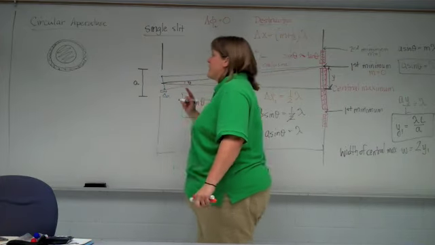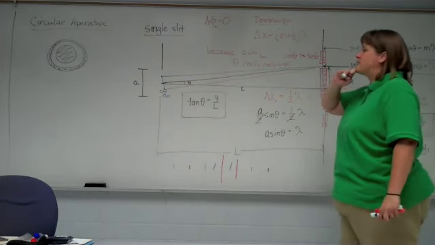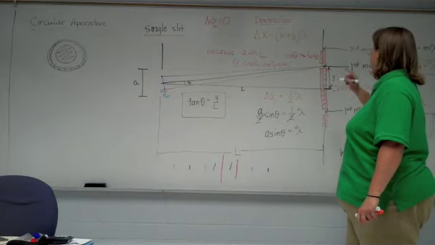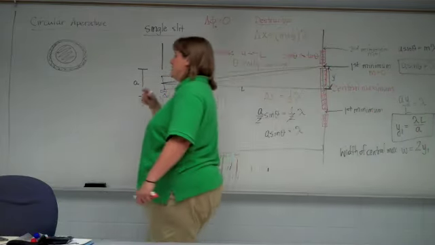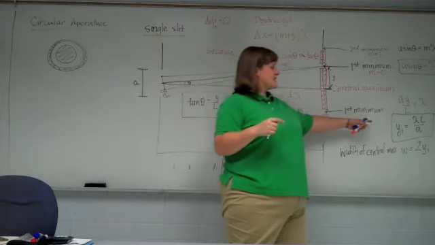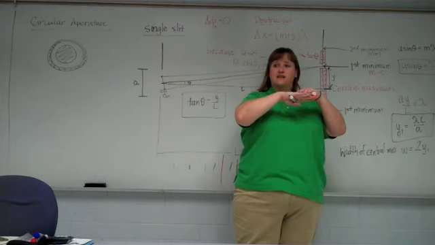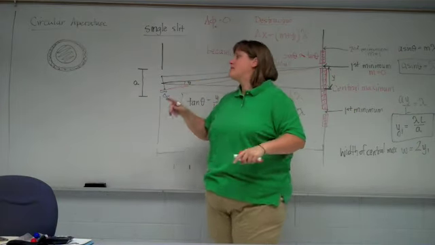The equation, by the way, for the circular aperture is very slightly different than what we just derived for the single slit. So with these equations, our slit was vertical, and the diffraction pattern was out horizontal.